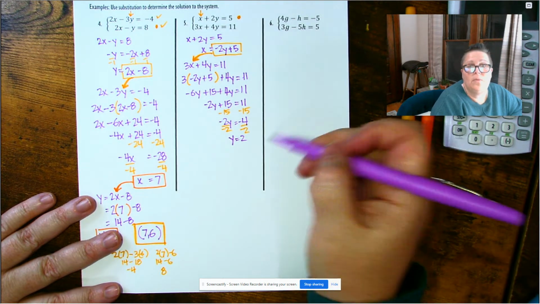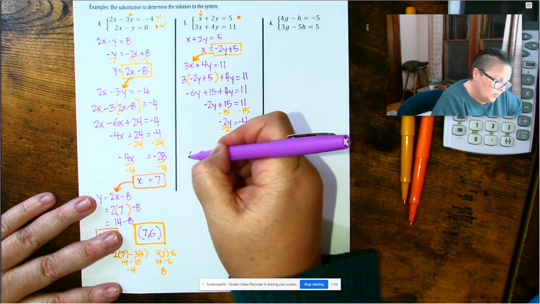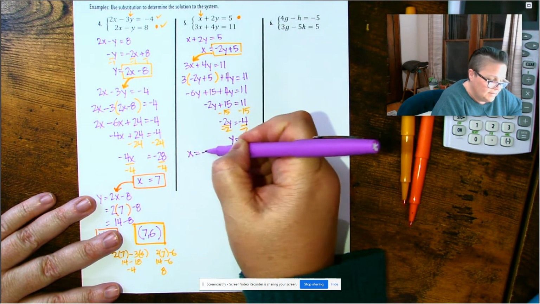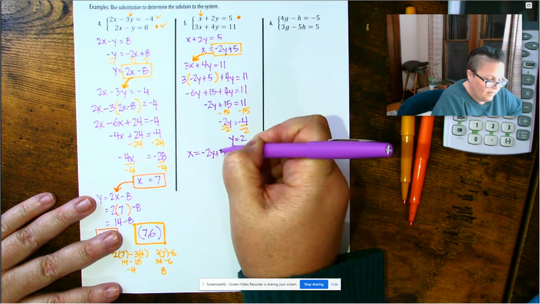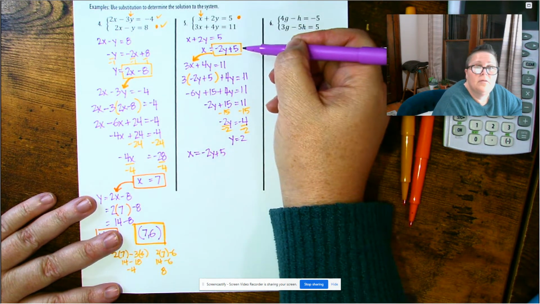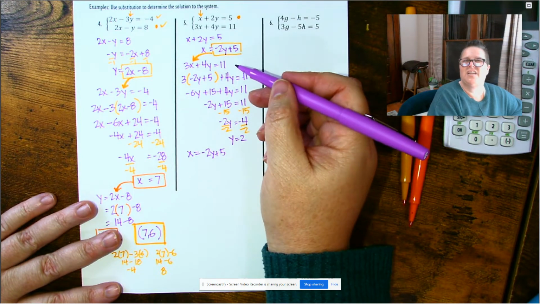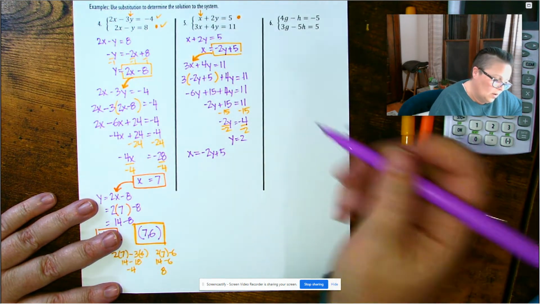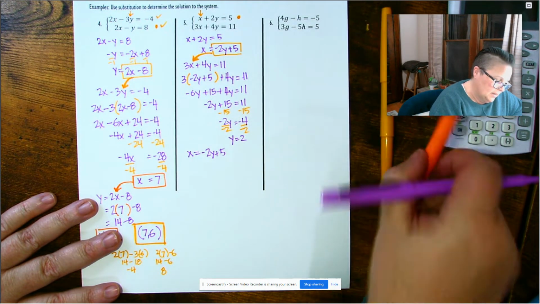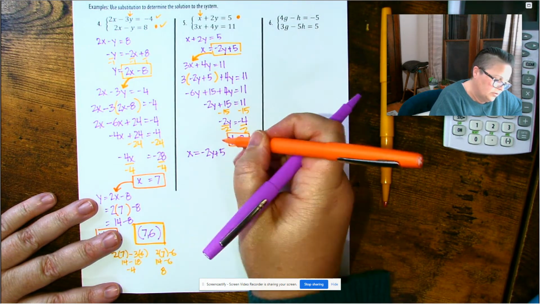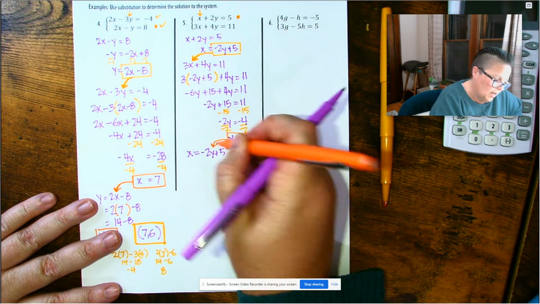Once I know what the y value is, I'm going to recall that x is a negative 2y plus 5. I got this from up here, right? That's why I put it in a box, because I knew I'd need it again. Only I'm going to take this y value of 2 and put it in for that y.